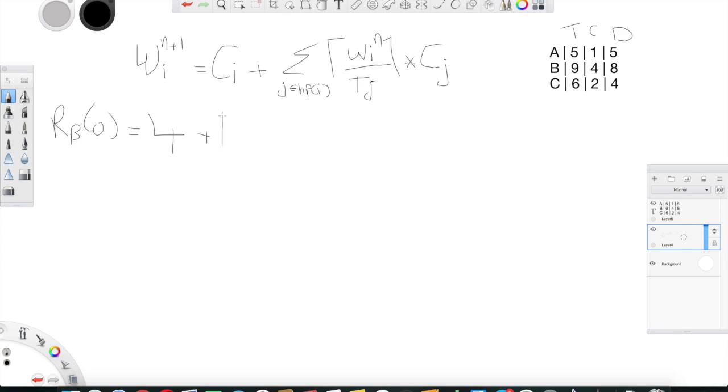So if we calculated it, 0 divided by the period of task A, which is 5, multiplied by the, let's do here a bigger bracket, the computation time of task A, which is 1, plus, because it's a summation, we do not have any previous response time, divided by the period of task C, which is 6, multiplied by the computation time of task C, which is 2, and I close the bigger bracket.